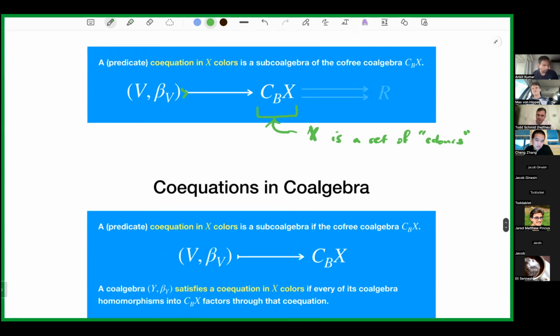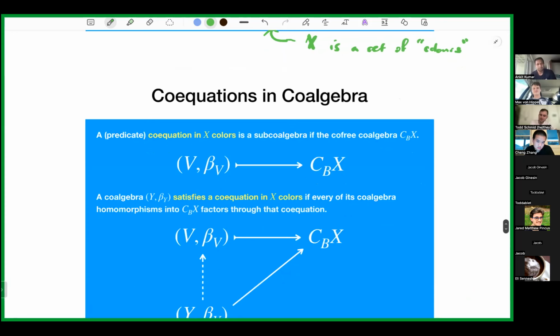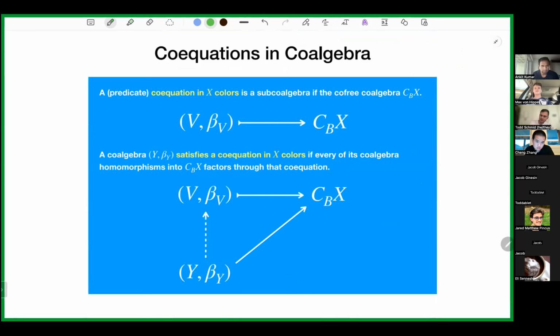So this brings us to the notion of satisfaction. If you're given a coequation in X colors, a given coalgebra, say (Y, β), is going to satisfy this coequation if for any coloring of the states of that coalgebra, so a function from Y to X, you get a unique lifting of this coloring just by the right adjoint property: a coalgebra homomorphism into the cofree coalgebra.